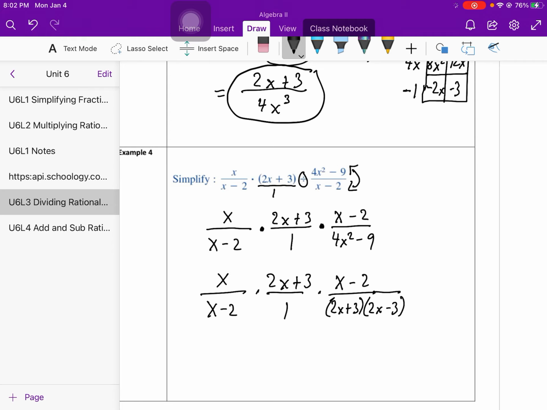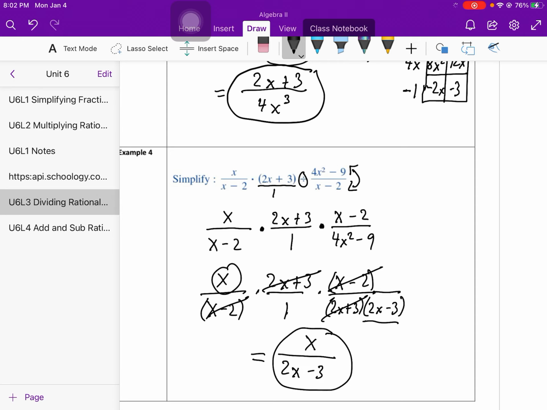That's a difference of squares. So we see the 2x plus 3. We can cross that off here and here. We also see the x minus 2. So we can cross that off right there. And we are left with x is the only thing we have left on the top. And then we have a 1 and a 2x minus 3 on the bottom. So that is going to be our answer for that one.